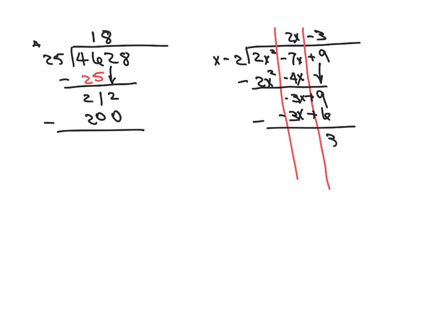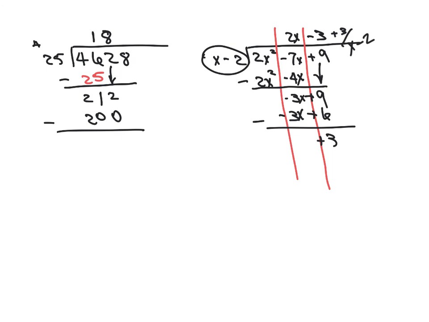So once we have brought down all of the numbers, we are done. So we have 3 there, which means we have a remainder. So our answer is, the 3 is a positive, plus 3 over that.